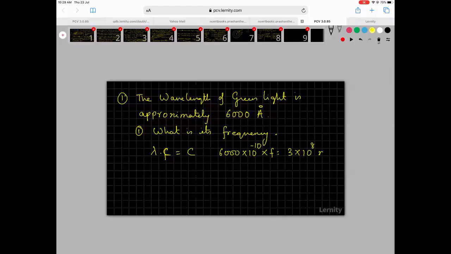So frequency is equal to 3 into 10 power 8 divided by 6 into 10 power minus 7. This minus 7 goes up and it becomes 0.5 into 10 power 15 hertz, which I can say is 5 into 10 power 14 hertz.